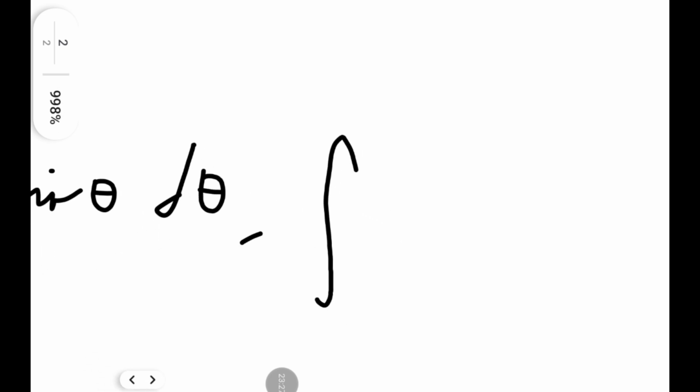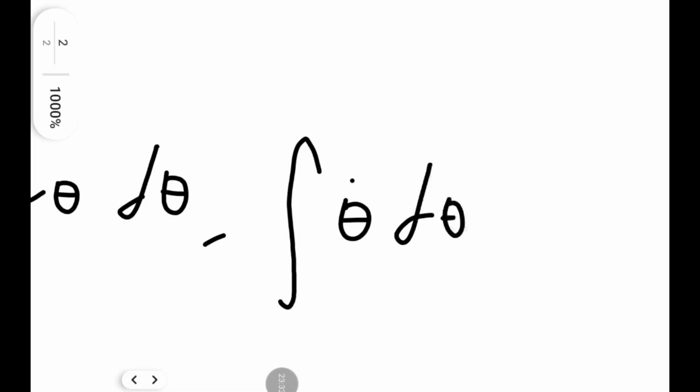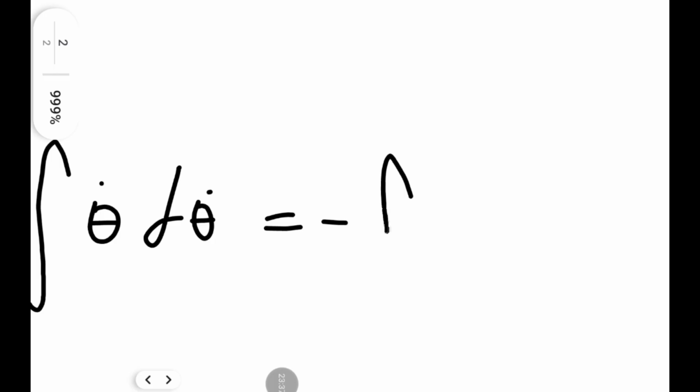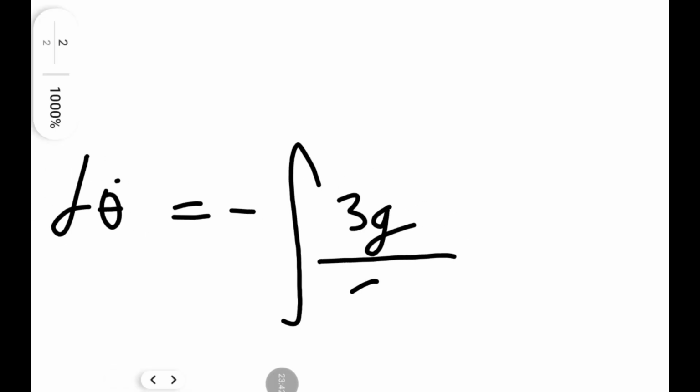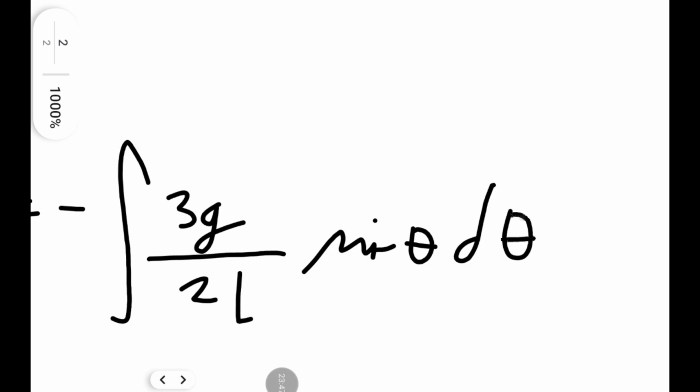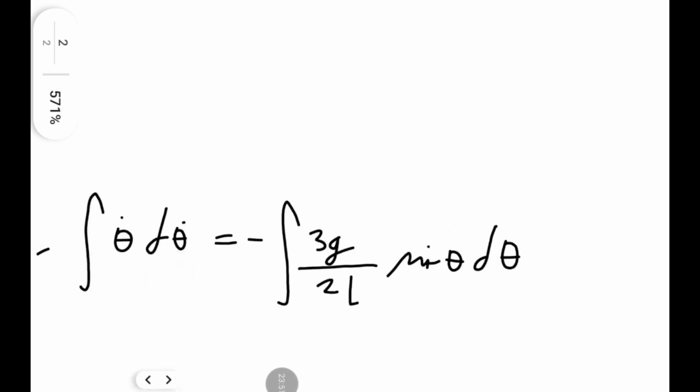The integral of theta dash d theta dash is equal to the negative integral of 3g over 2l of sine of theta d theta. There we go, we have it in that format now.